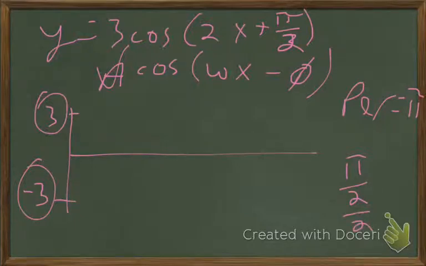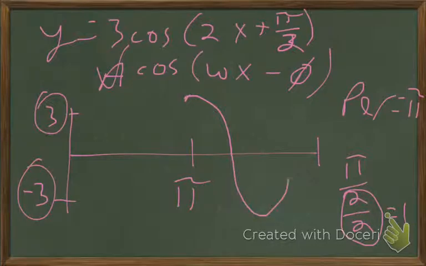Okay, now this pi over 2 over 2, this right here becomes 1, so we are actually shifting it pi units to the right. Okay, so here is pi. This is where we're starting up here, coming down, and then back up. Our period is pi, so 1 pi added onto this guy ends up being 2 pi right here.